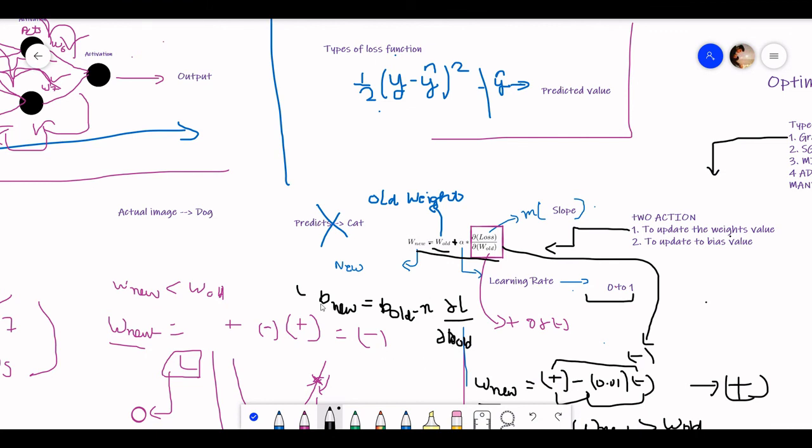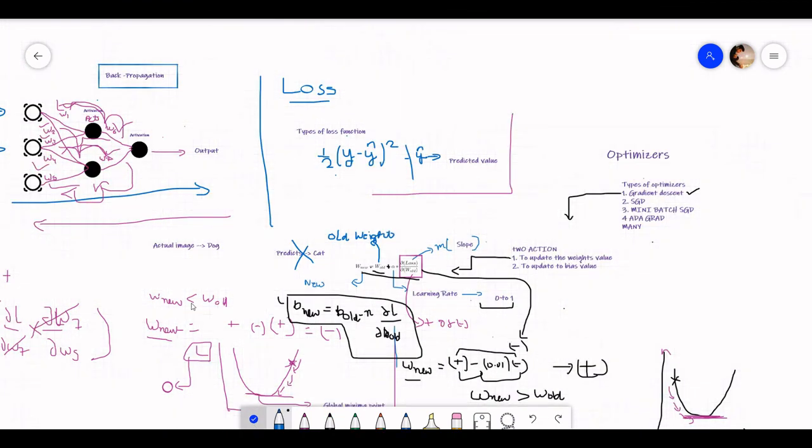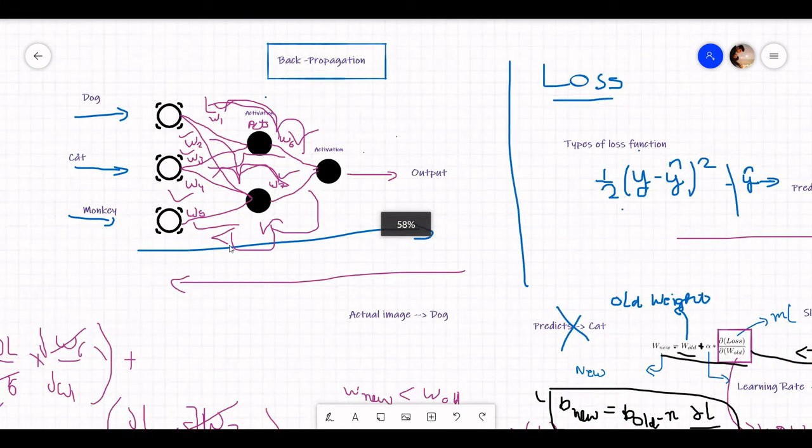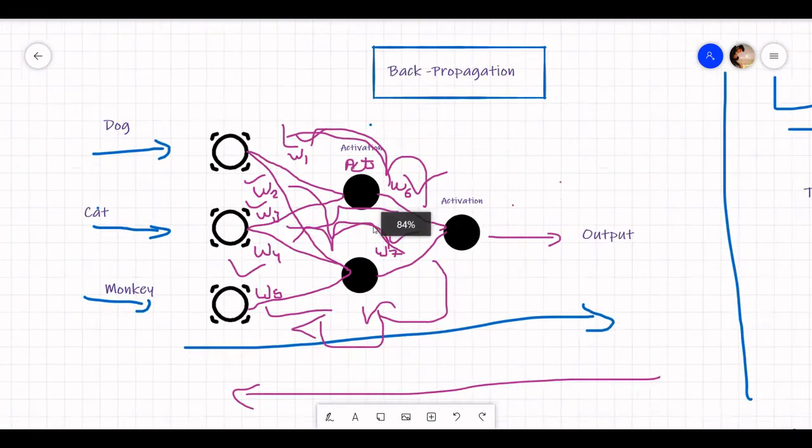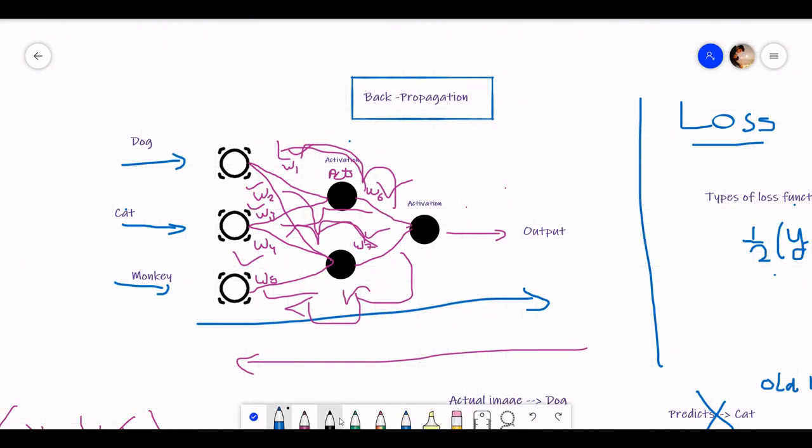So this will become our bias updation formula. Similarly, in our back propagation, it will calculate all the biases and all the weights, then it will do our forward propagation again, and then it will give our outputs.